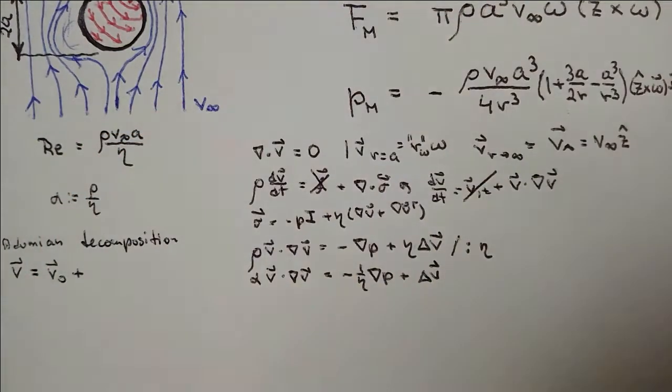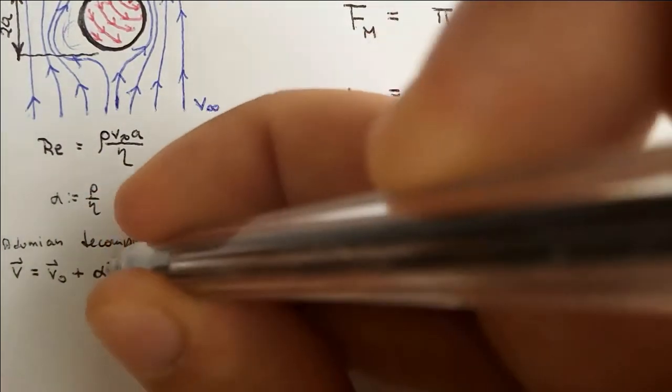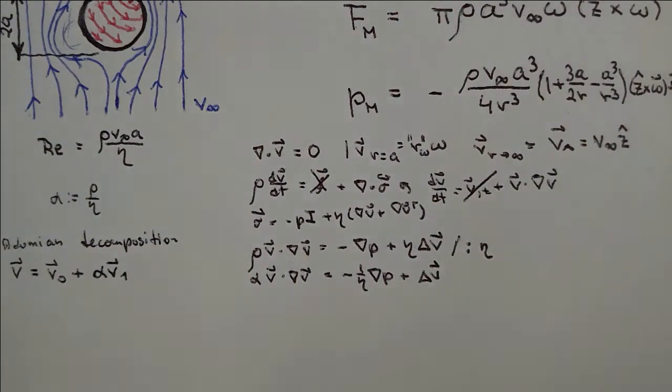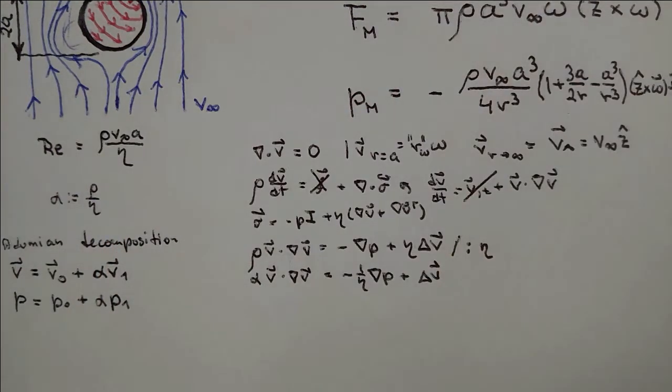I will write the velocity function as v0 plus alpha v1, where v1 is the first correction. There is a pressure function, which you can write in a similar fashion as before.